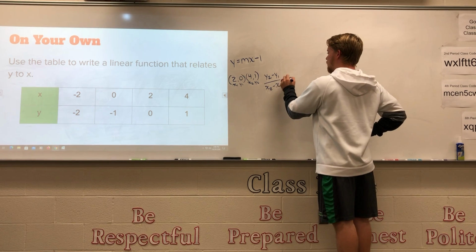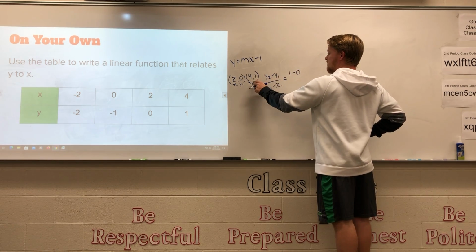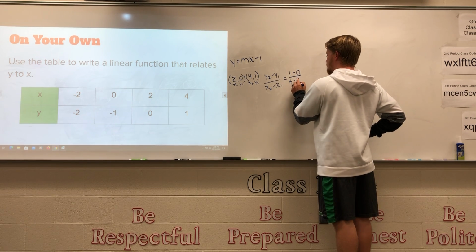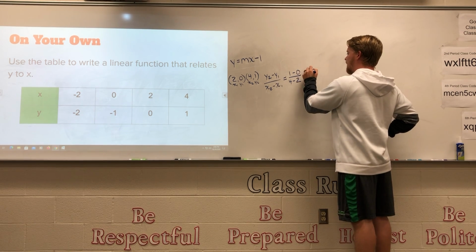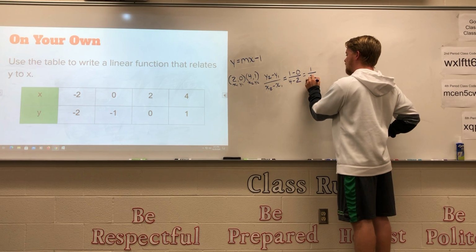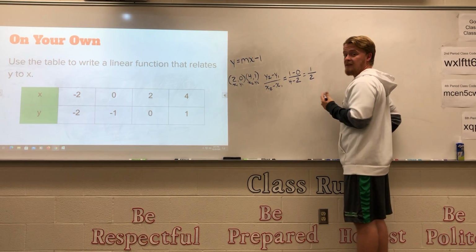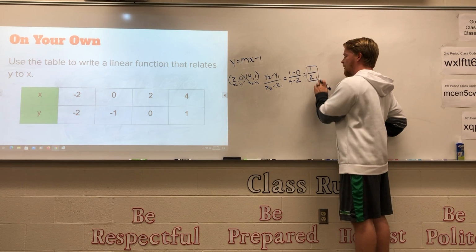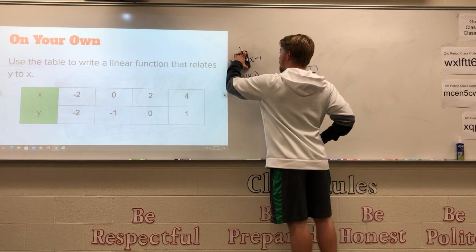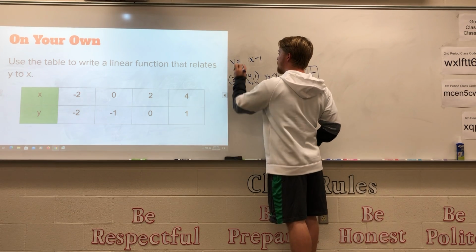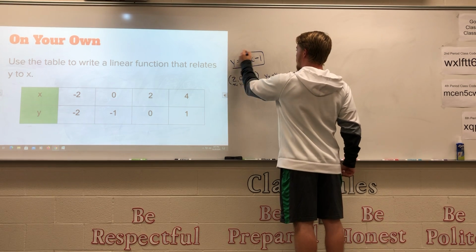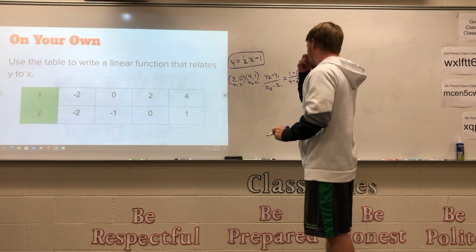When I plug these into my formula, I'll have 1 minus 0, because y2 is 1 and y1 is 0, over my x2 is 4 minus my x1 is 2. Work out the top: 1 minus 0 is 1, 4 minus 2 is 2. Can that simplify? 1 over 2 cannot simplify, so that is my slope. My slope gets plugged in for m, and once you plug in your b and your m, that will be your final answer. So your final answer would be y equals 1/2 x minus 1.